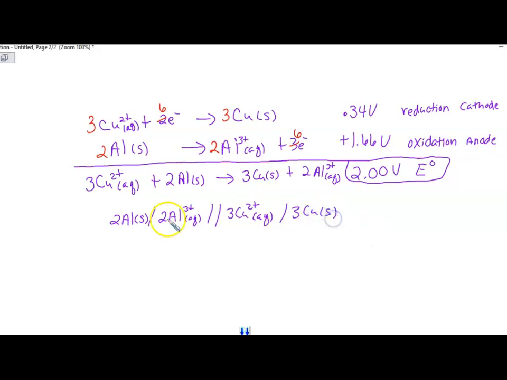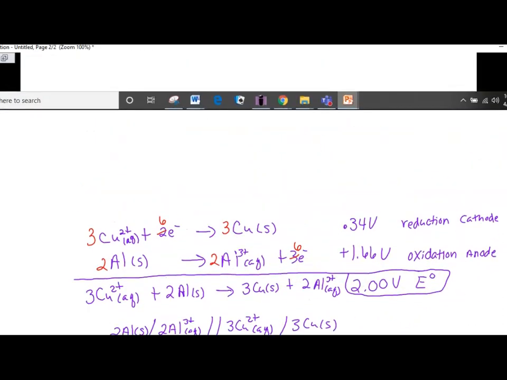And so I just wanted to review you on that. So this is the anode, and this is the cathode. Okay, reactant, product, reactant, product. That's the way a cell notation looks. All right. So now, that's old lesson. So now let's look at new lesson.